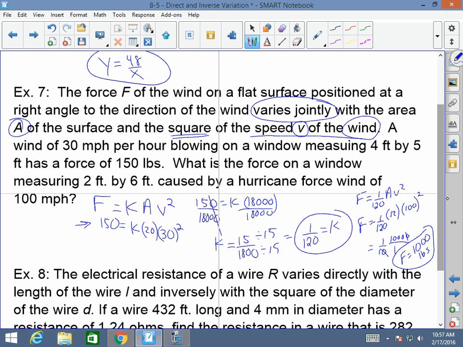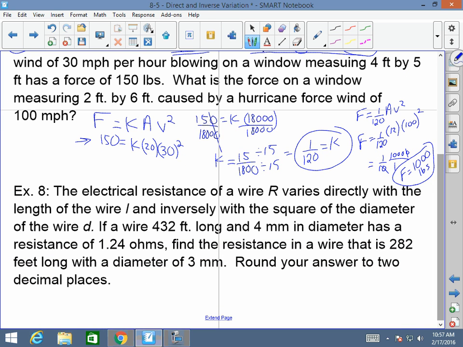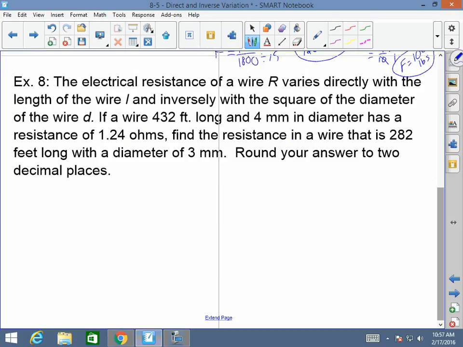Okay. Last but not least, the electrical resistance of a wire R varies directly with the length of the wire L, and inversely with the square of the diameter of the wire D. So you see how all those words are very simply put into this function, guys.